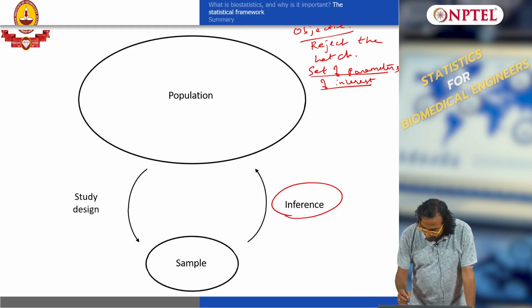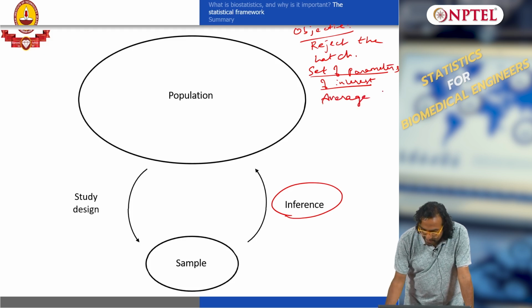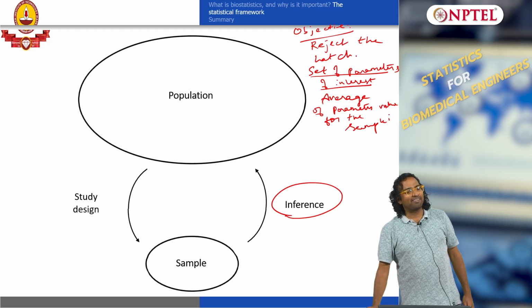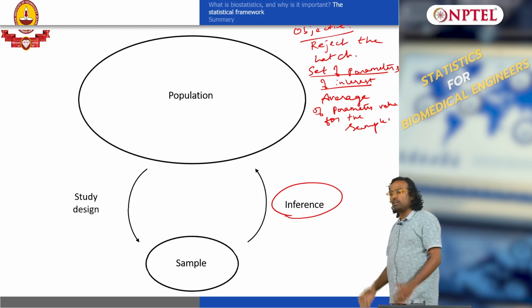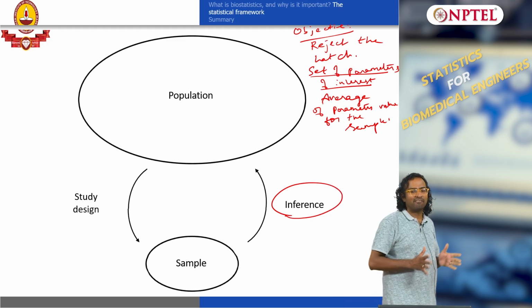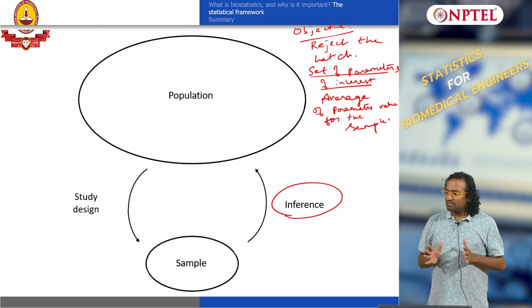So you want to say an average, I will not use math symbols, I will come back to it, average of the parameter value for a sample. So on an average how much antibodies were produced after administering the vaccine, clear?